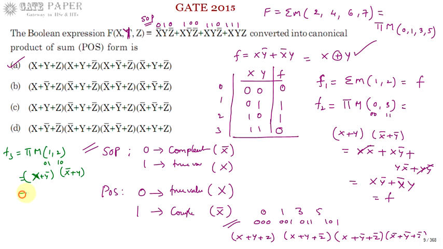If you multiply this, you will get x x bar plus xy plus x bar y bar plus y bar y, and the terms x x bar and y bar y become 0. What you will get is xy plus x bar y bar. This is the exclusive-NOR, so you will get the complement of the original expression.